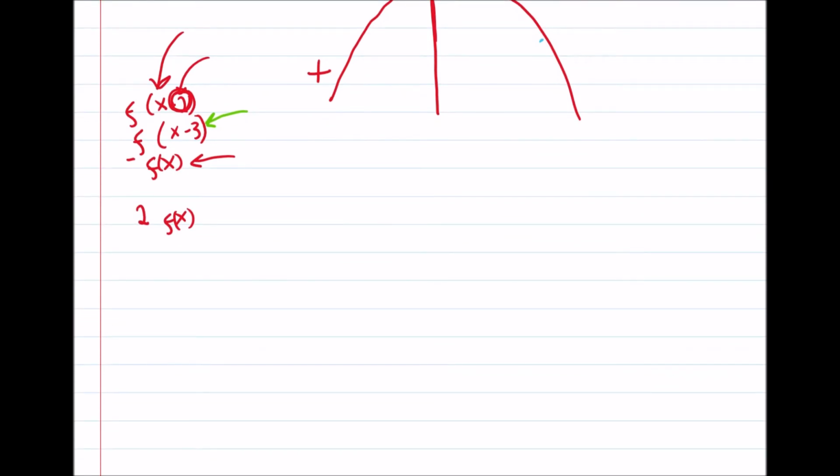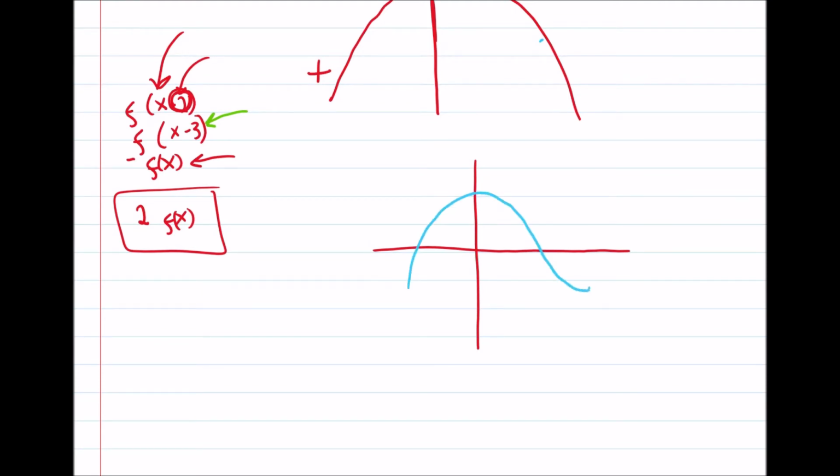And lastly then, 2f(x). So I'm going to draw, let's just say, a different curve. The curve I draw is this. Well, if this curve at this point is, say, 2 on the y-axis, and here it is, let's say, 3.